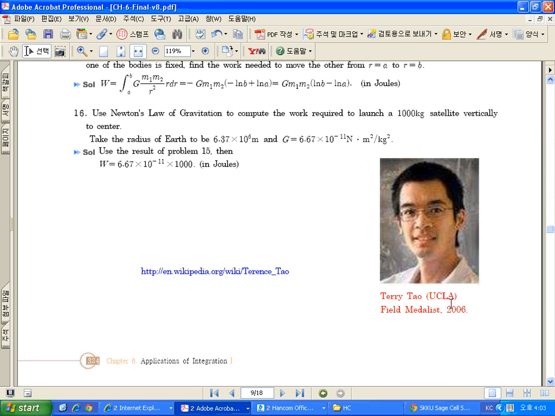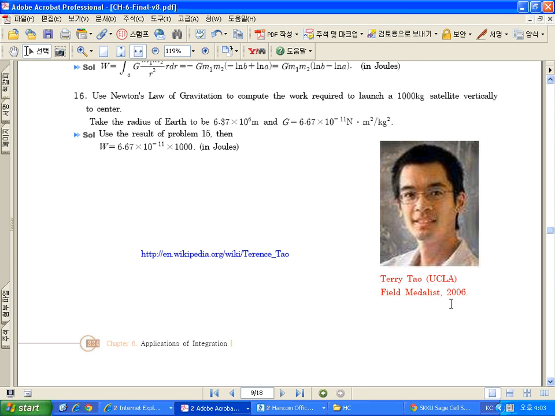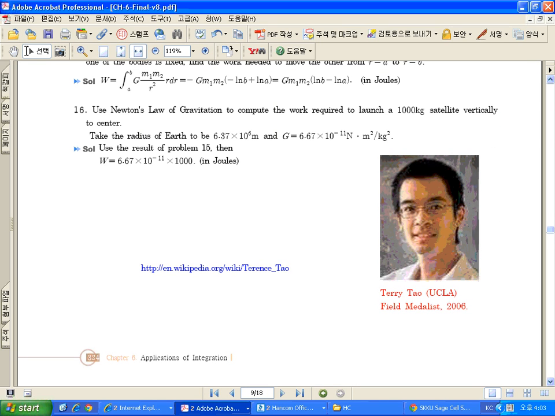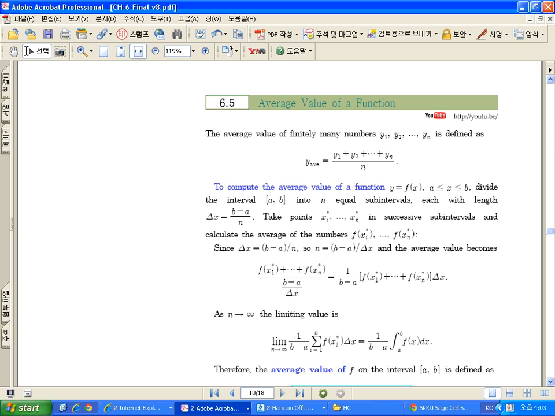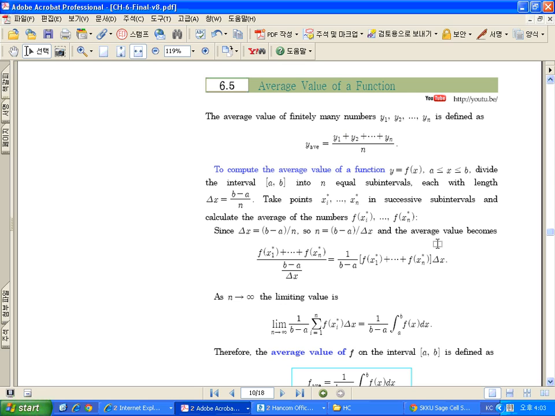And he is Terry Tao, who is one of the well-known geniuses, and he gave a plenary talk in recent Korean math science meetings, and his wife is Korean too. Now, Korea will have the International Math Congress next year in Seoul, and we will see another new Fields medalist, and we hope to see some of the familiar faces at that ceremony.